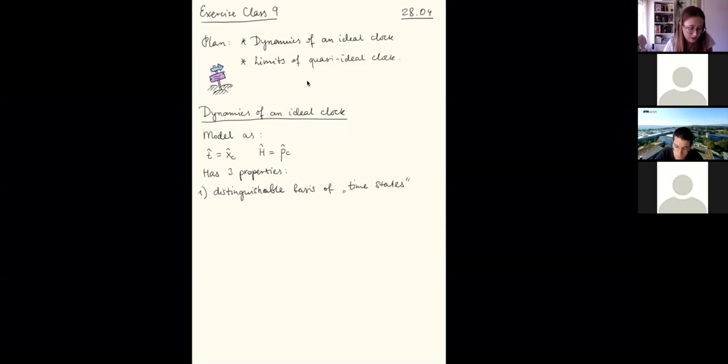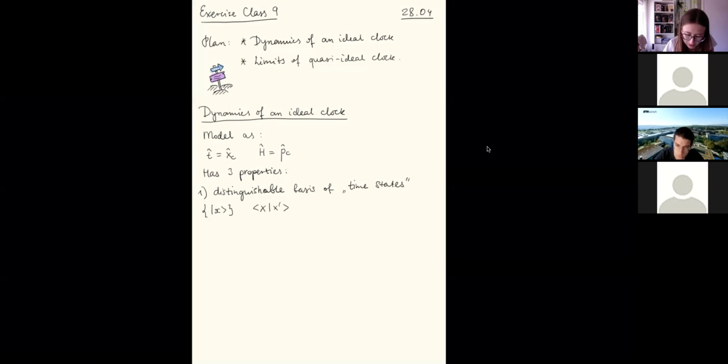So the time states here, of course, we put in parentheses because this is not actually the time operator that we are considering. We're just taking the position operator of the system acting as time. But in any case, it does have this distinguishable basis of states, x.